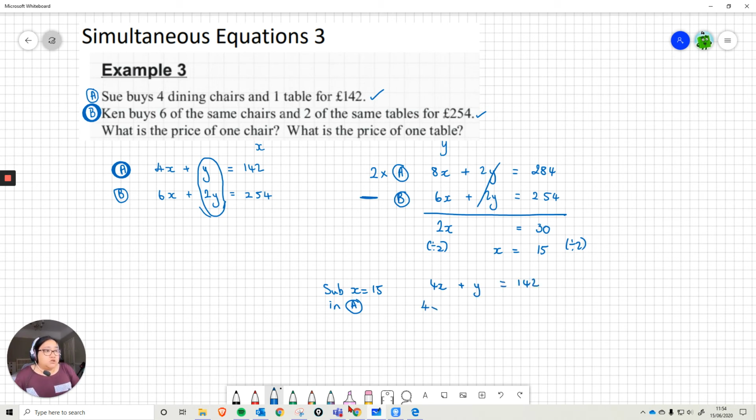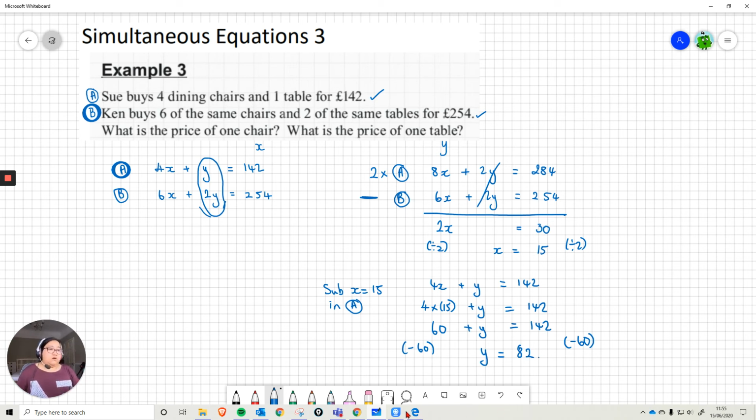So 4 times 15 plus y equals 142. 4 15s are 60. Then I'm going to subtract 60 from both sides. So y equals £82.